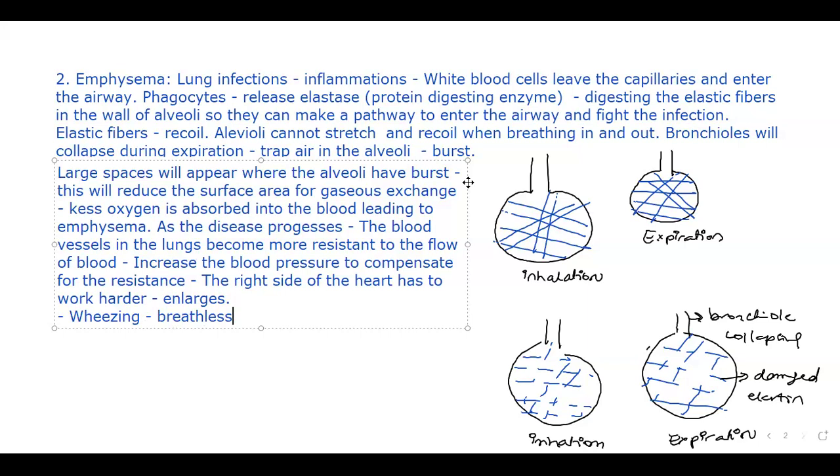So the patient is going to end up developing wheezing and breathlessness, and if this is not treated as soon as possible, people who develop severe emphysema actually require constant oxygen supply. They need a constant supply of oxygen in a cylinder with a gas mask for them to even stay alive, right?